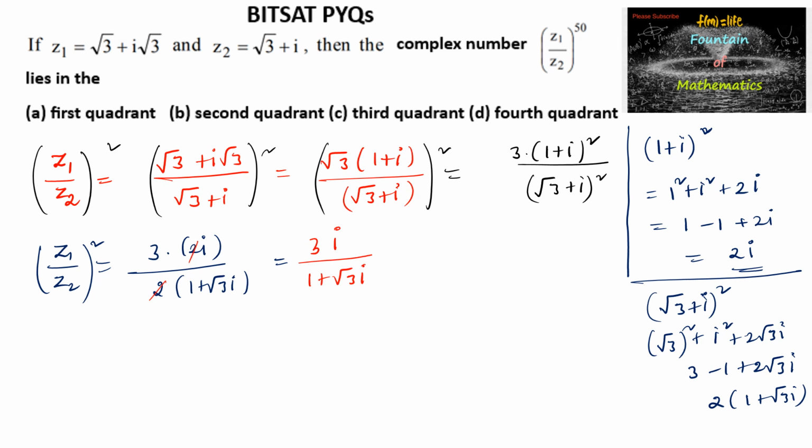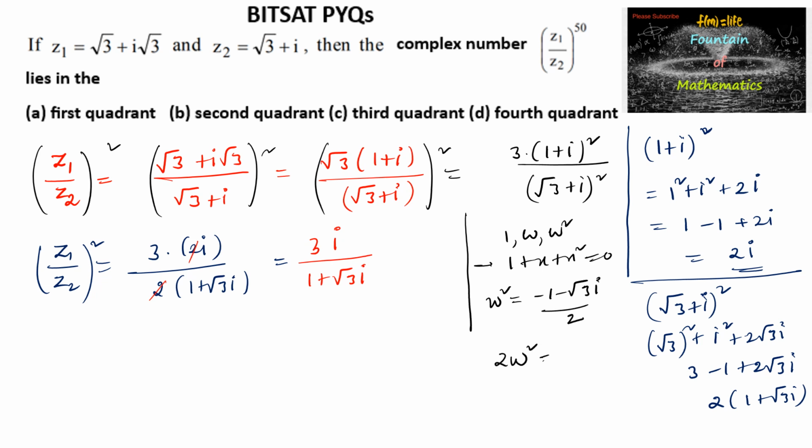And we also know the cube roots of unity 1, omega, omega square, for the equation x square plus x plus 1 equal to 0, where omega square is equal to (minus 1 minus root 3 i) divided by 2. So here we can write 2 omega square is equal to minus 1 minus root 3 i, or minus 2 omega square is equal to 1 plus root 3 i.